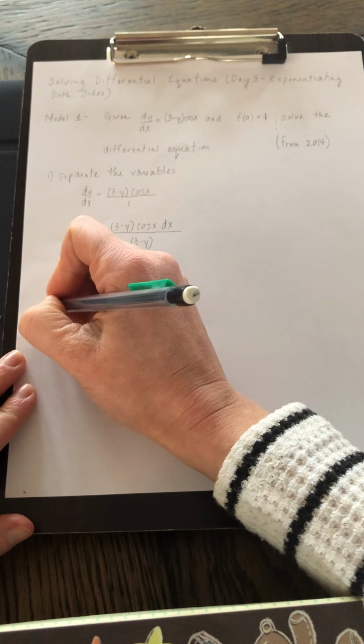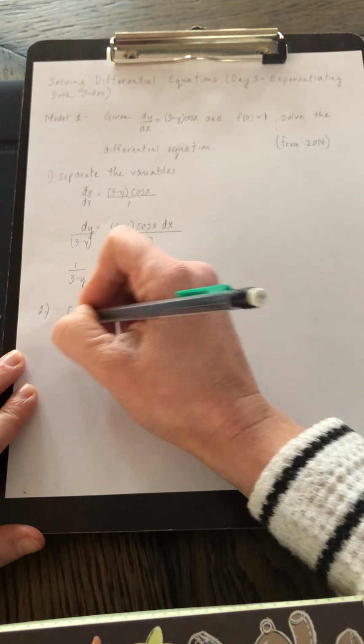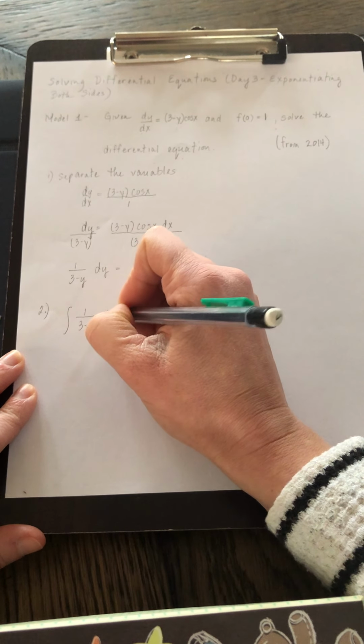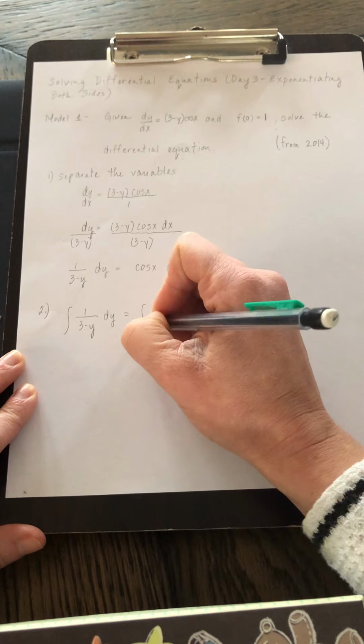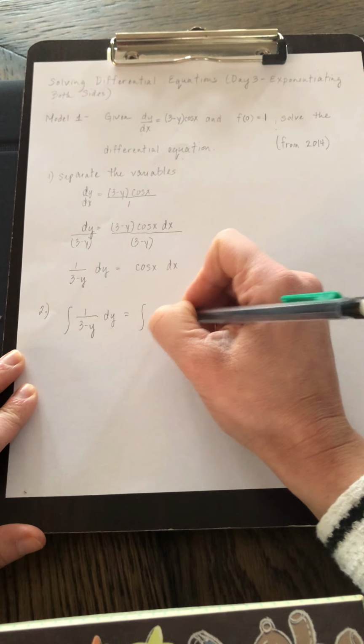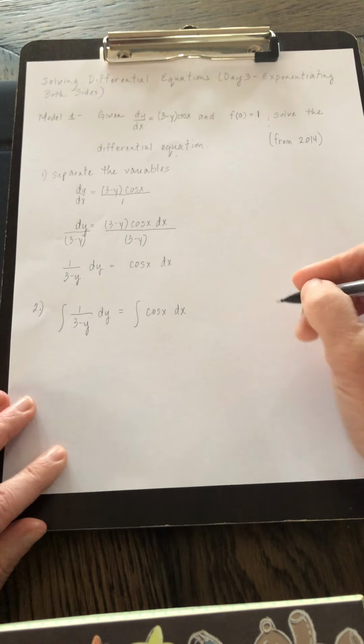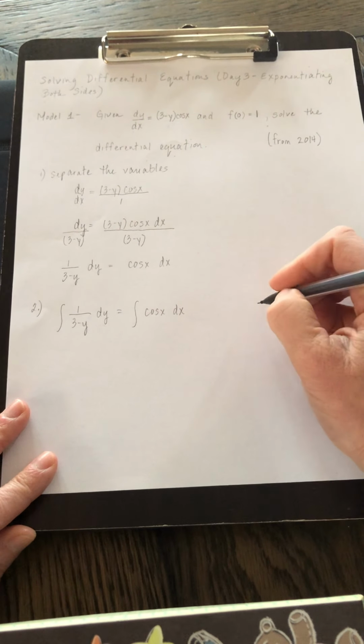And step 2, we are moving ahead to integrating both sides. All right, so I'm actually going to start on the right hand side here. This is just the parent cosine function.